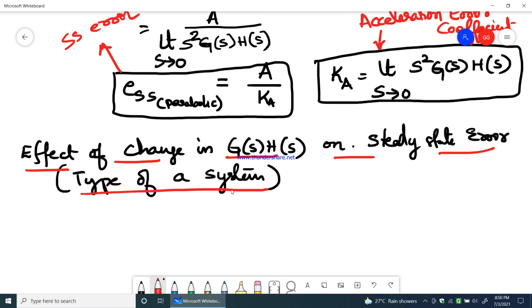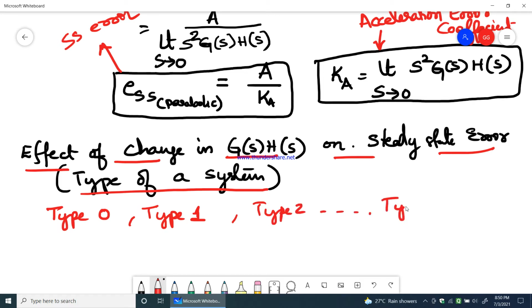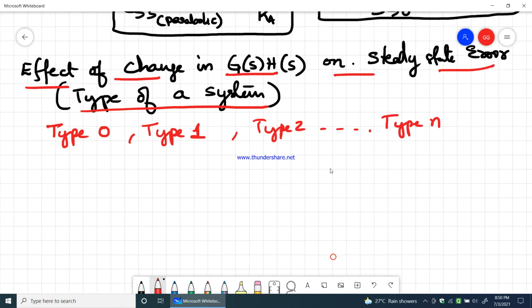What is a type of a system? So we have different types of system: type 0, type 1, type 2, and so on, type n. So how is this type defined?